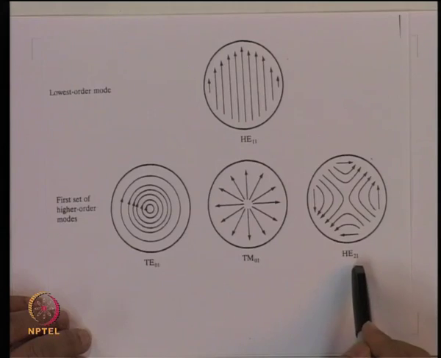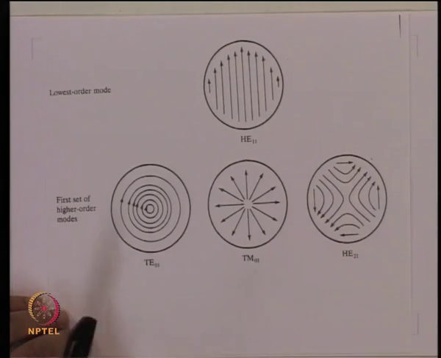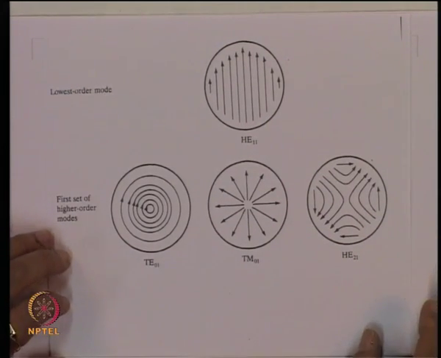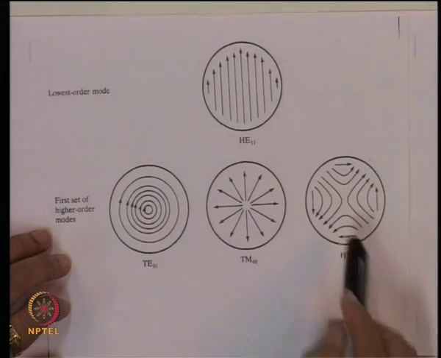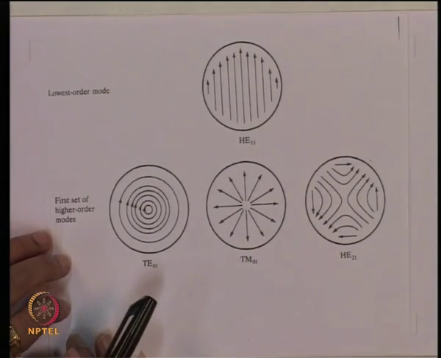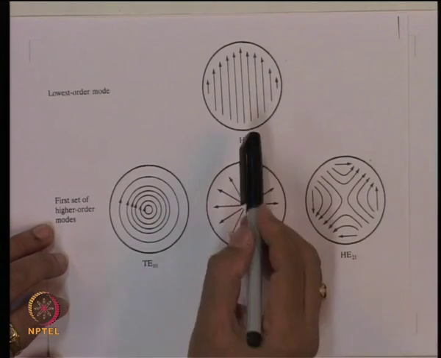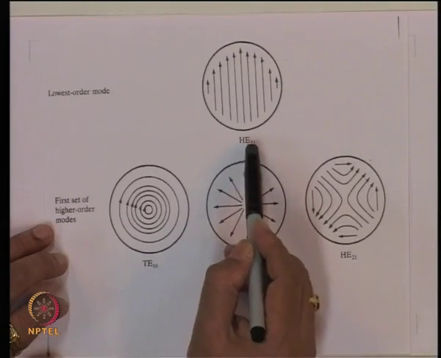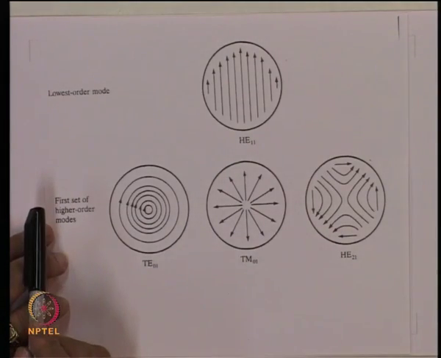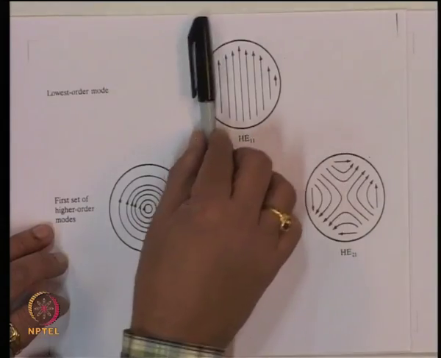And for HE21 mode, the fields would be like that. So, you can see here in azimuth, it has this index 2. If I go to HE11 mode, the field is oriented everywhere like this.